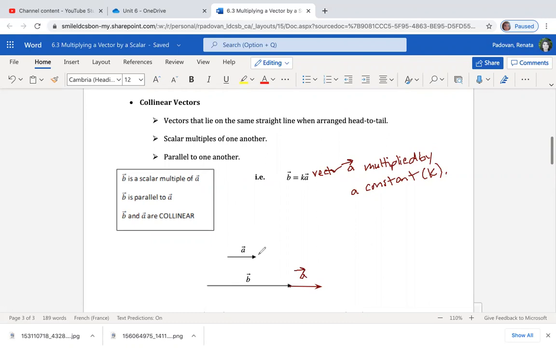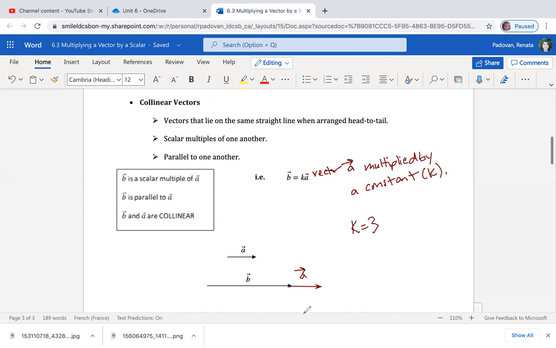So if I look at vector A here realistically and look at it in terms of B, the constant here is probably 3, right? Kind of look there. It looks like it's probably 3 times. It's not double. It looks like it's more than double. So K is probably 3 here in this case. So then you would say that vector A is a scalar multiple of B, but multiplied by 1/3, right?